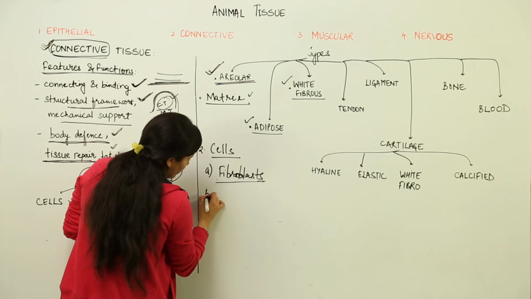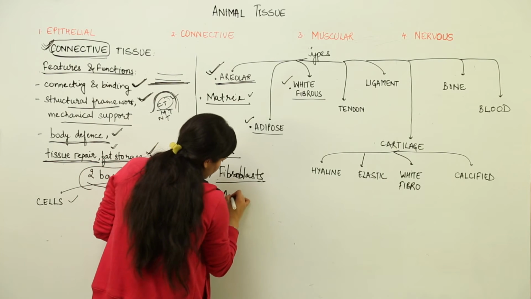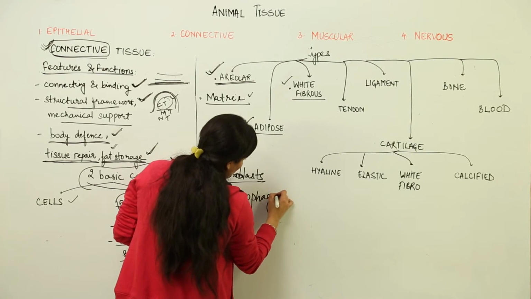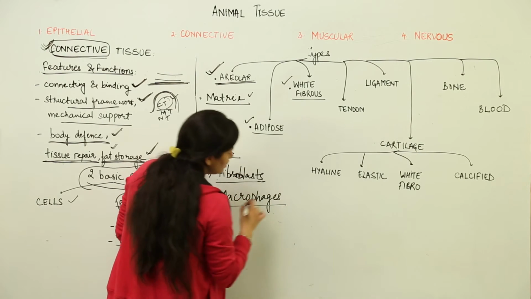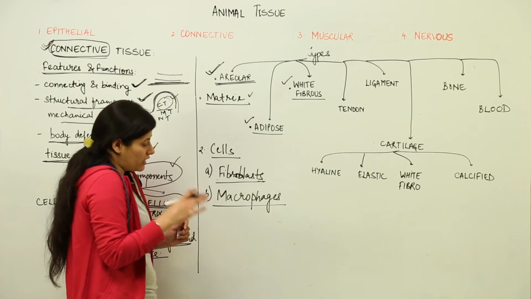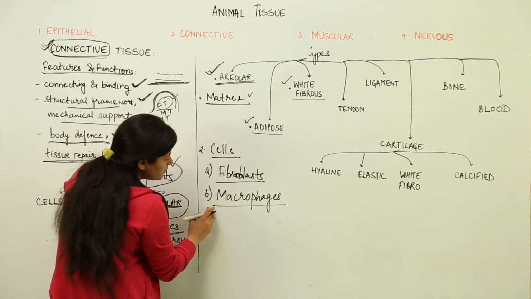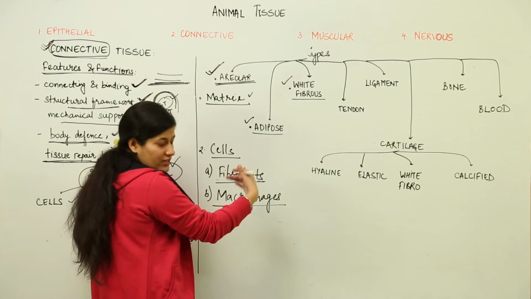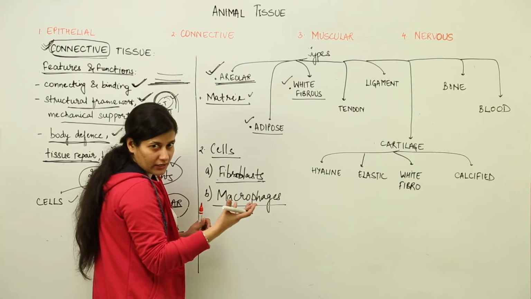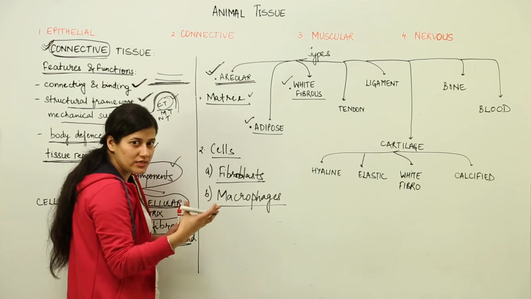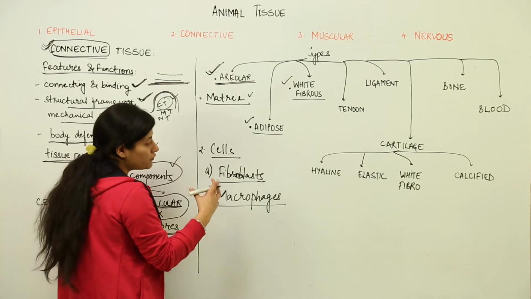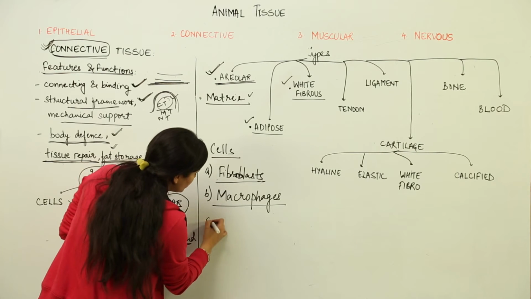The second one are macrophages. Macro means huge, phages means something related to phagocytosis. So these are large sized cells which would be phagocytosing external particles, anything which has come from outside which is not suitable for this particular tissue. That means, in short, foreign bodies which can be harmful for the tissue.